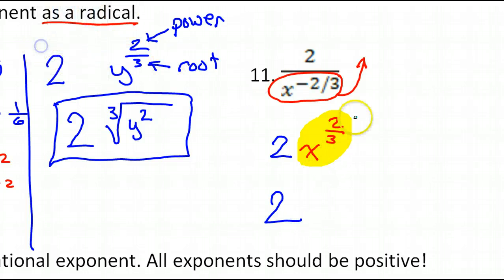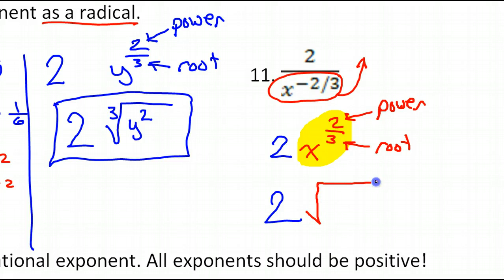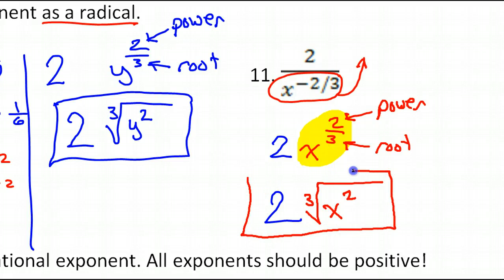But meanwhile, this is going to convert. This is the power, and this is the root. Okay, so the root is 3. So once again, I've got that cube root. And then I've got x squared. Okay, because that's the power. And that is all she wrote.